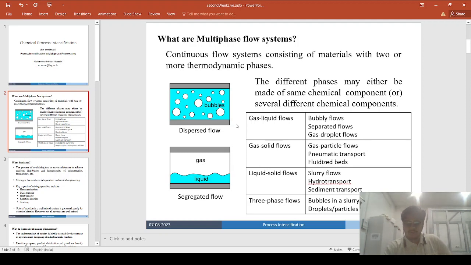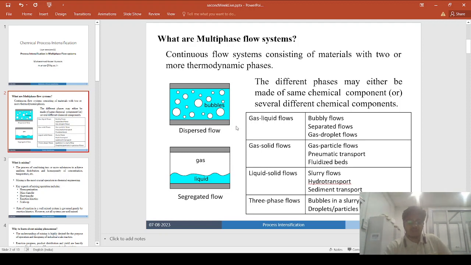No doubt physically there will be an interface between the gas bubble and the liquid bulk, but those bubbles will be a lot in number, so you cannot basically track an individual bubble. It will be very difficult to track. Those types of flow systems can be categorized as dispersed flow systems.